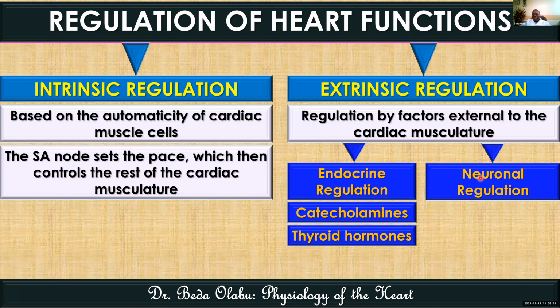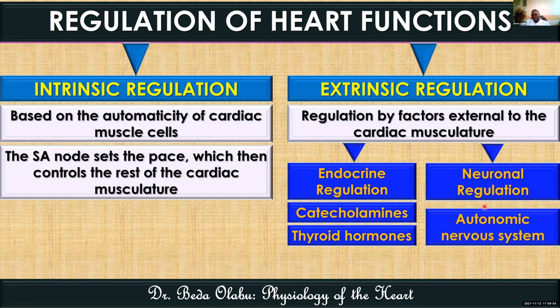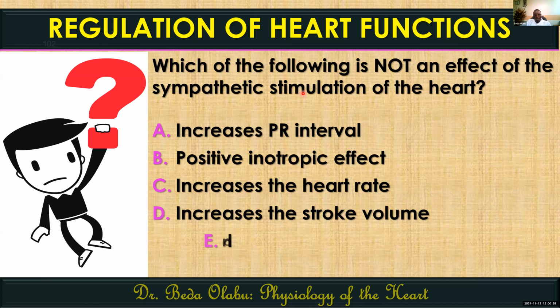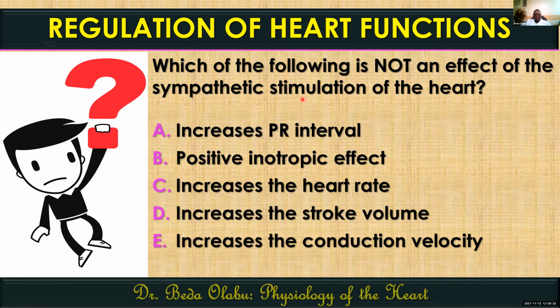How about neuronal regulation? The nervous system controls heart functions by the autonomic division of the nervous system. Remember that the heart is involuntary. So it's not under somatic regulation, but it's under autonomic regulation. Before we talk about autonomic regulation of the heart, I want to give you 2 questions to just answer based on your knowledge of the autonomic nervous system and based on what we've talked about today.